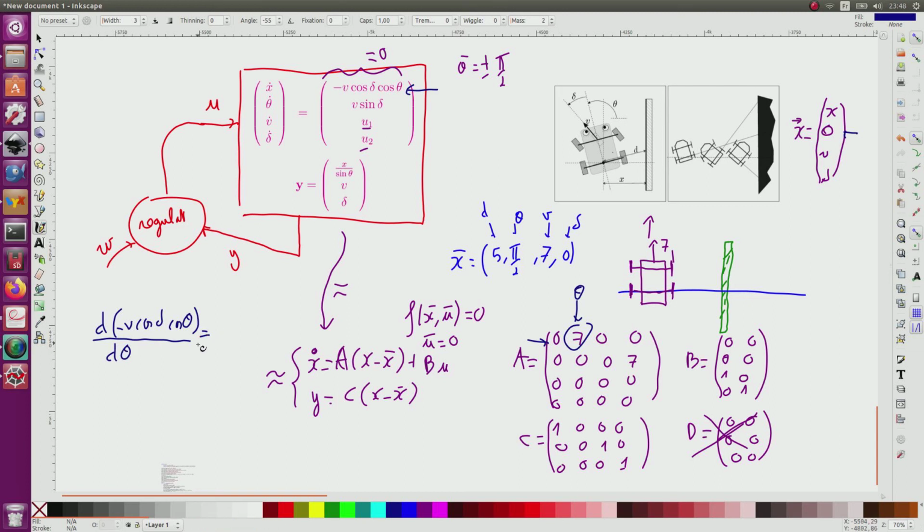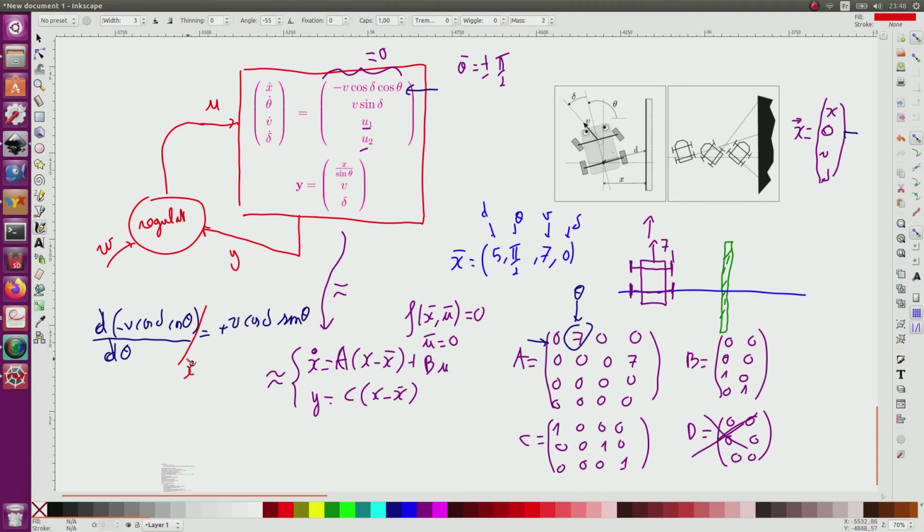Okay, so here I will obtain the partial derivative. I will obtain minus v cos delta multiplied by sine theta, because the derivative of cos is minus sine, so here I have a plus. And now I will consider this derivative at the point x bar.